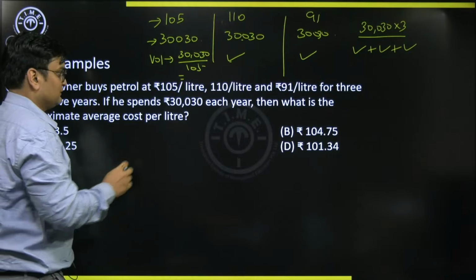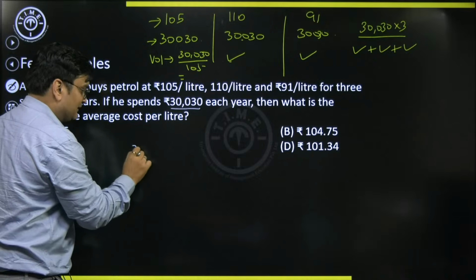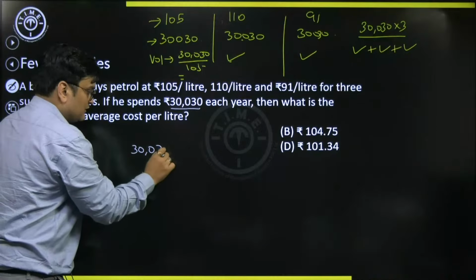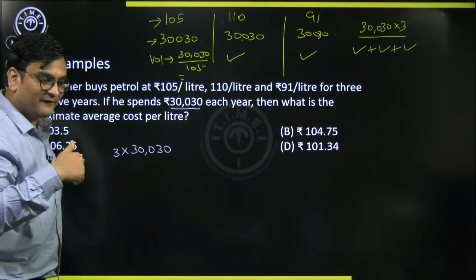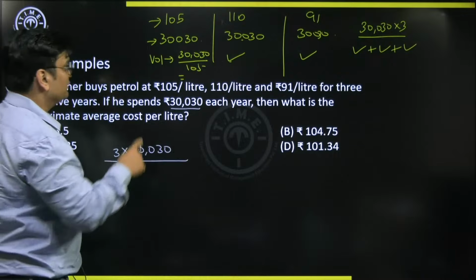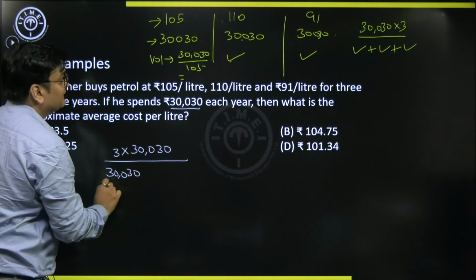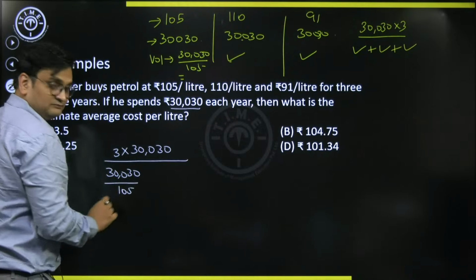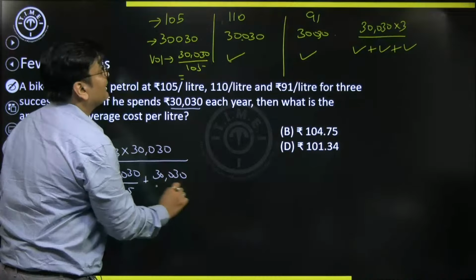Please note, each year I'm spending 30,030 rupees. So for 3 years I'll be spending this much. And since I want to find the average cost, I need to divide this by the volume. What's the volume? Volume for the first year is 30,030 by 105. Volume for the second year is 30,030 by 110.